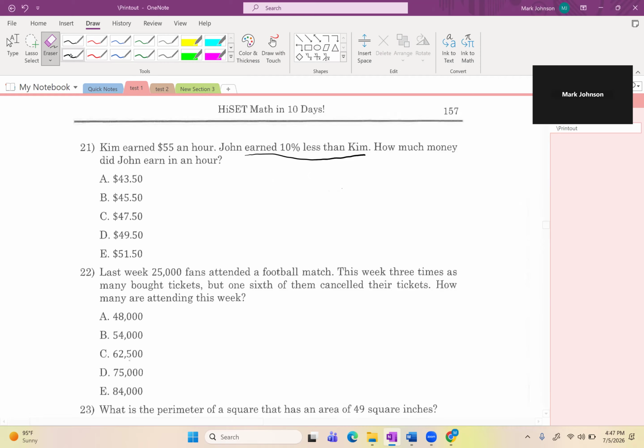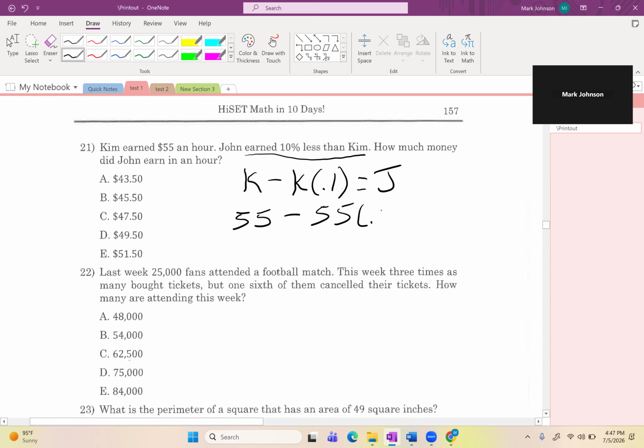So Kim minus Kim times 10% equals what John makes. So Kim earned $55 an hour, minus 55 times 0.1 equals John.